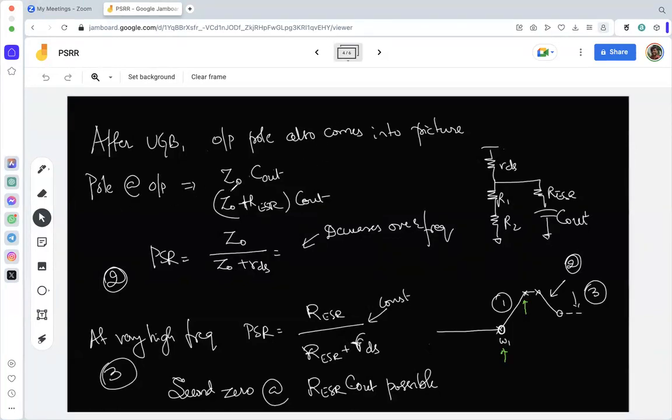Okay. Now, if you analyze the circuit here, what is the pole at the output? There will be a pole at the output. There is also this output pole coming into the picture. That output pole is given by ZO plus RESR into Cout.